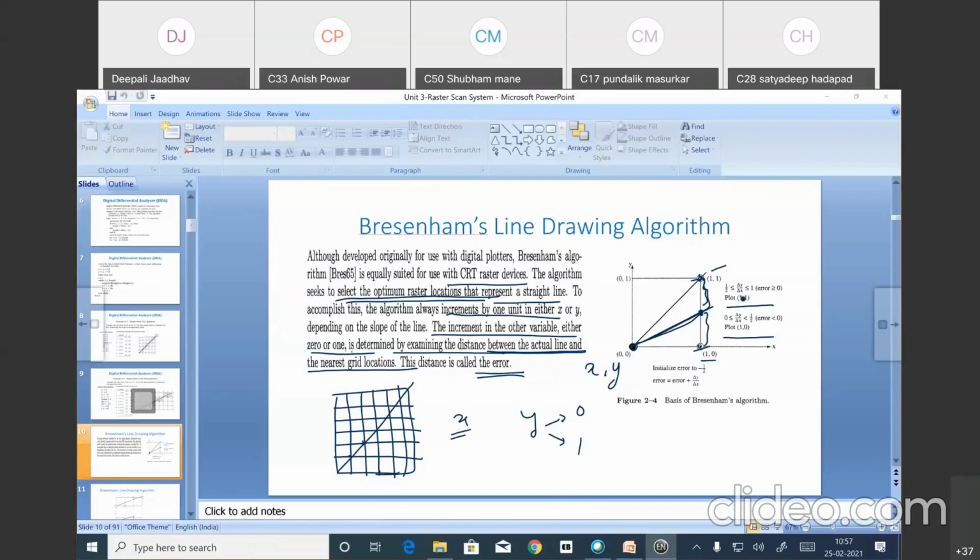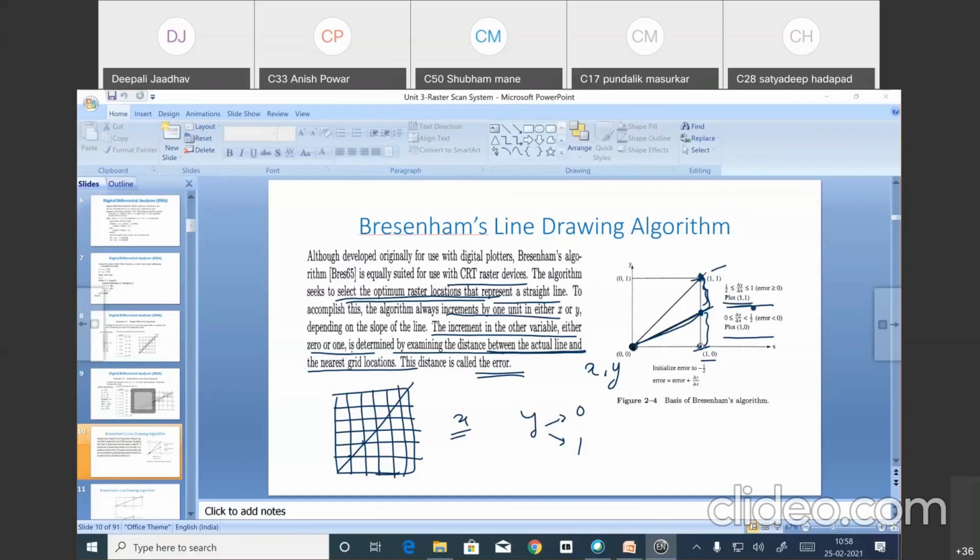If it is greater than or equal to 1/2, the error is greater than 0, which means the error is positive. Why? Because greater than 1/2 means it is near to this pixel, and that's why we plot 1, 1. Remember this error equation, as we are going to use it in the algorithm also.